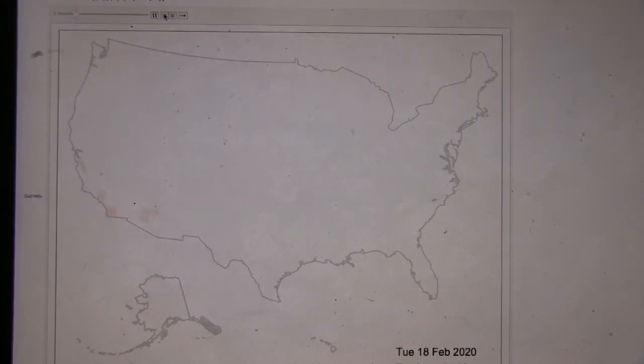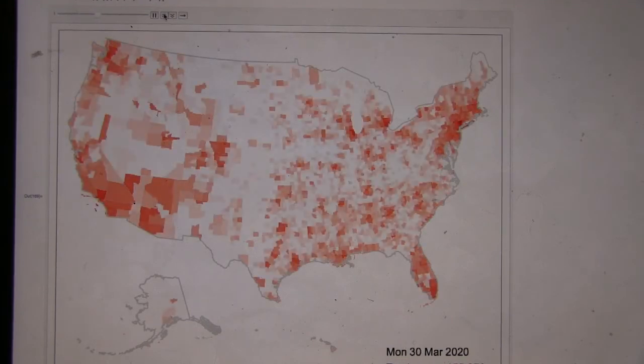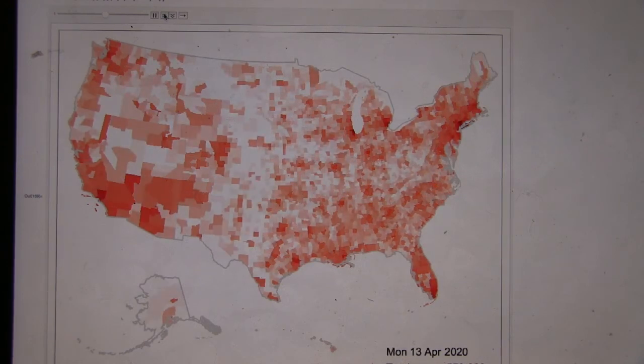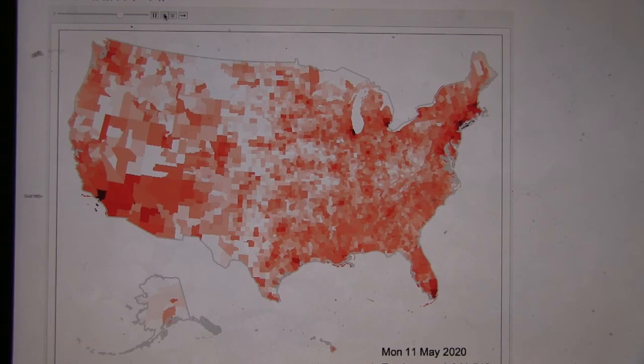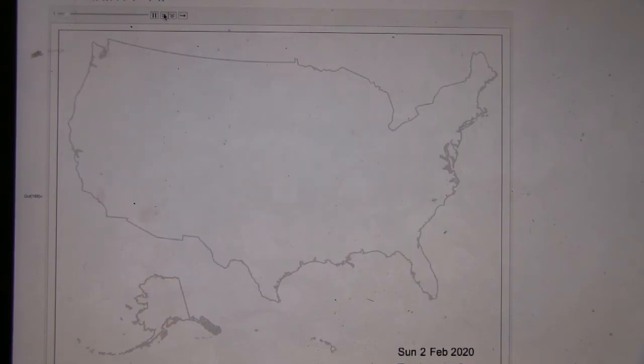Well, let's see. As this plays through, it sort of seems like maybe the larger the county, the less number of cases it has, because maybe if a county is very large, then not a lot of people are living in that area. It has low population. Okay.